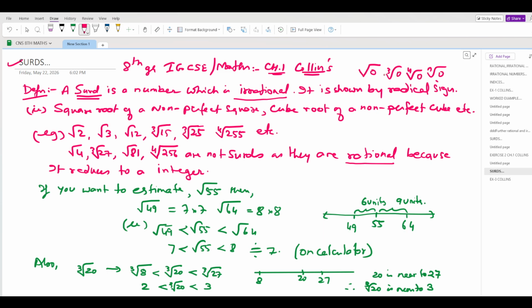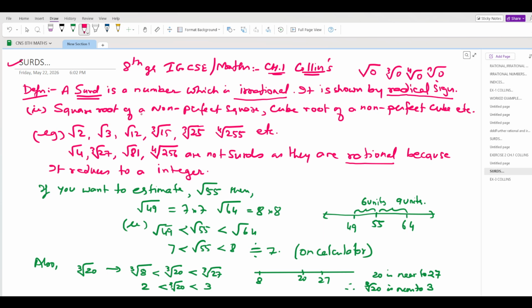So numbers of this form are known as numbers in radical form. SURDs are always shown in the radical form, and they are irrational. So the striking points are: any SURD is irrational, and it is always shown in radical form. For example, the square root of a non-perfect square.